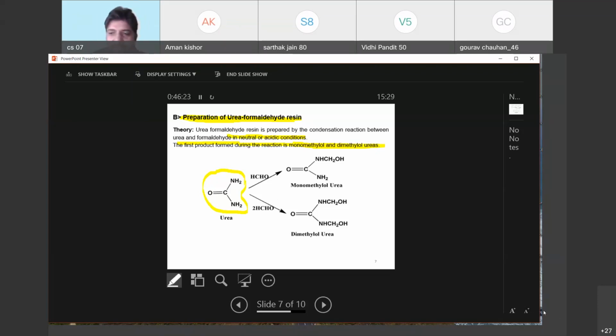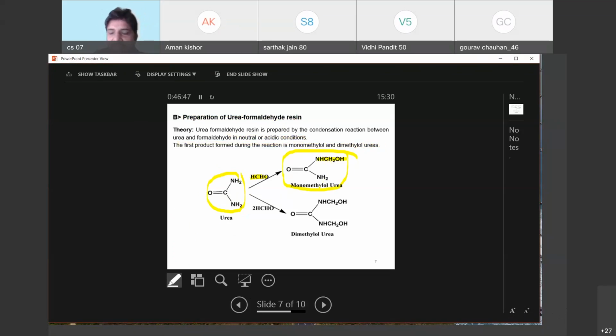So this urea can react with formaldehyde in two ways. Okay, this is our urea. It can react with one molecule of formaldehyde to give you this monomethylol urea. You see, one of the amines is converted into NHCH2OH.